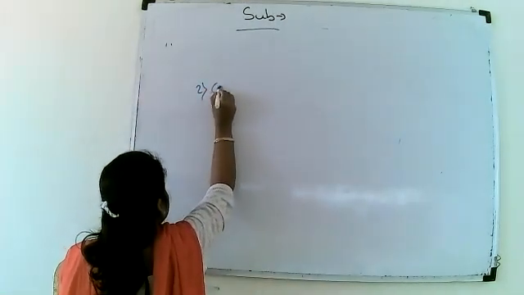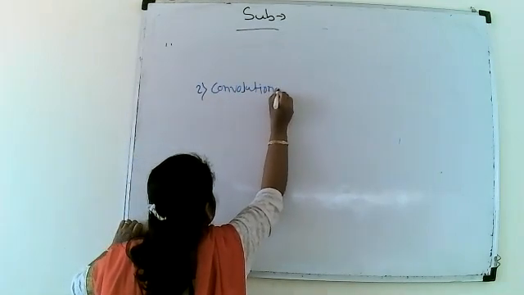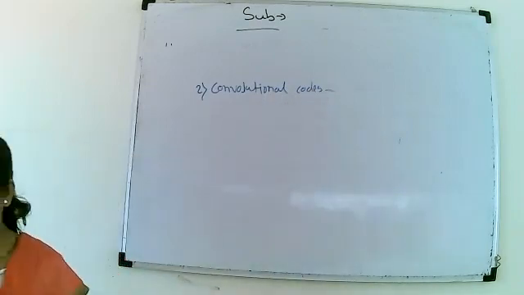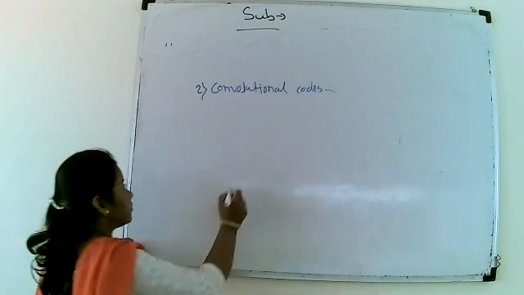This is the second type. In the convolutional code, we have a diagram with an encoder with impulse response and state.